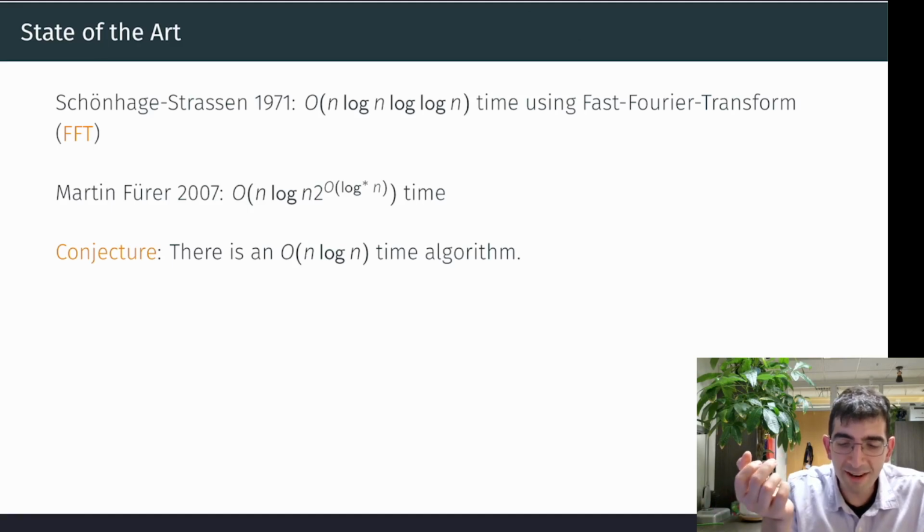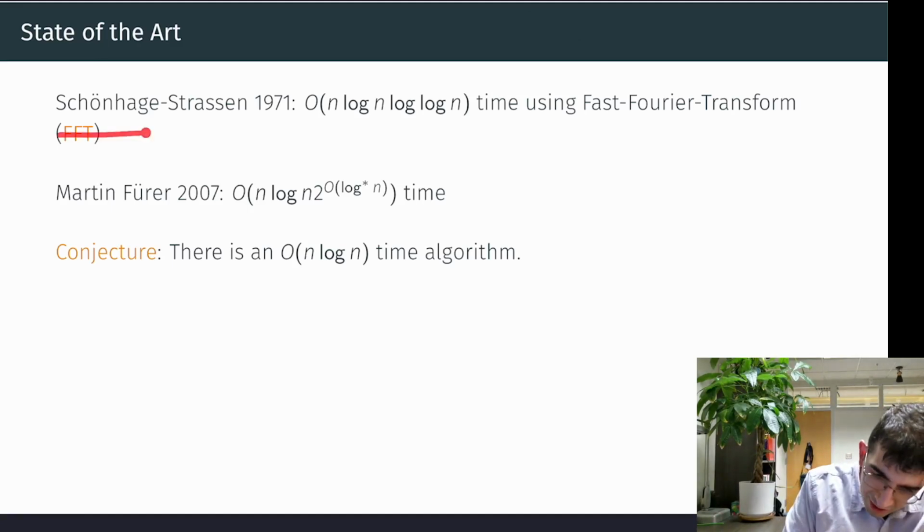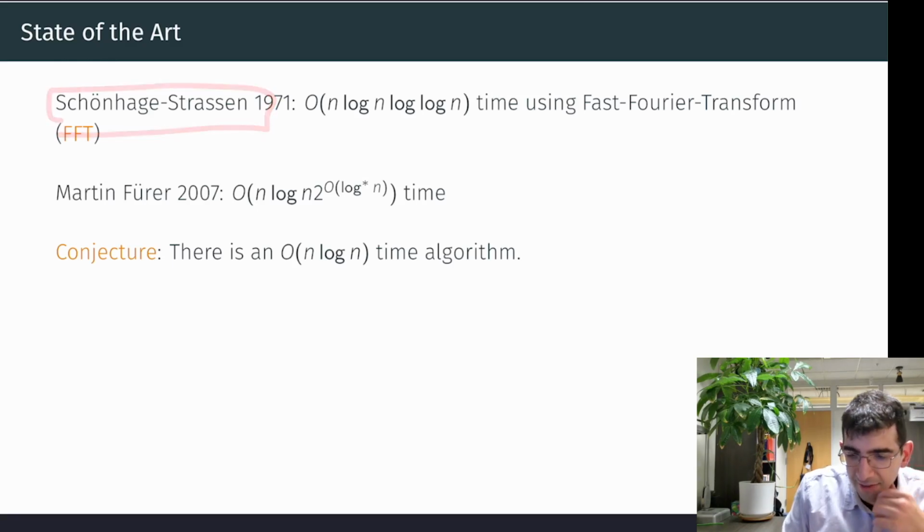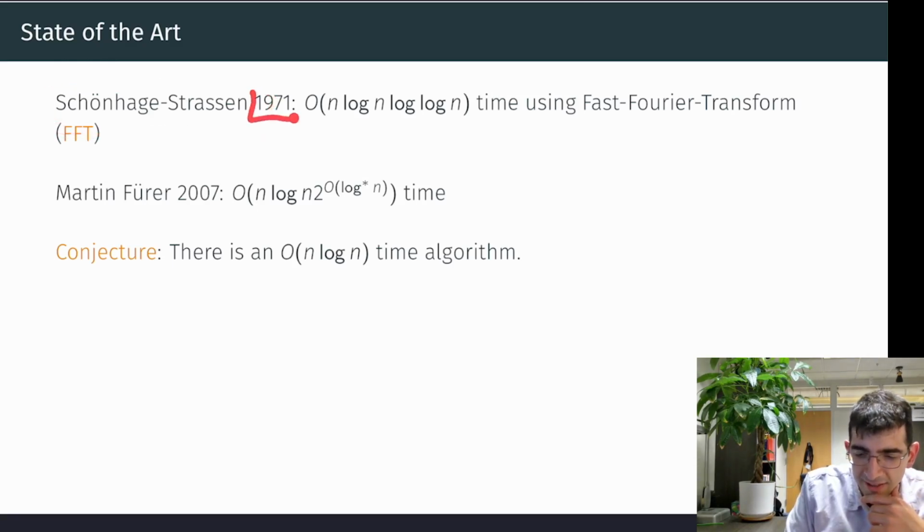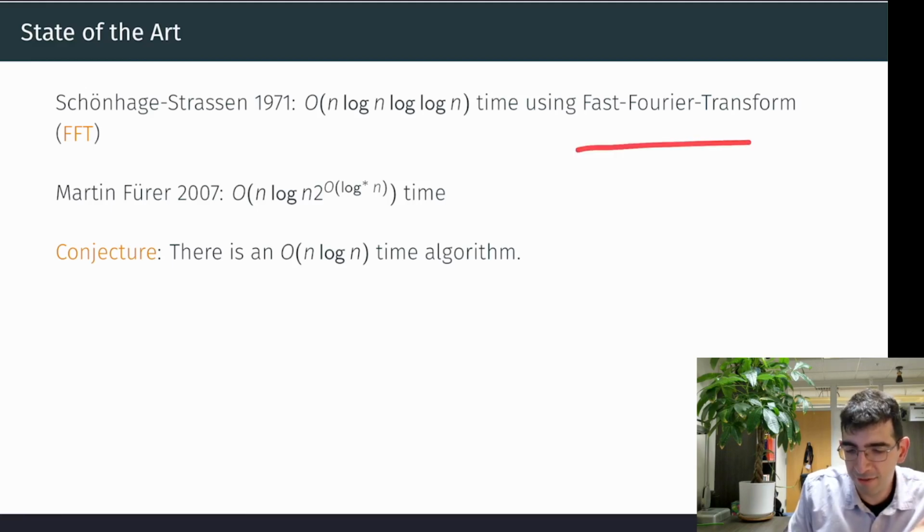But since then, there have been faster multiplication algorithms proposed, namely Schönhage and Strassen, proposed in 1971. Soon after he proposed the faster multiplication algorithm, these two guys proposed an algorithm that multiplies two n-digit numbers in O(n log n log log n) time using fast Fourier transforms.